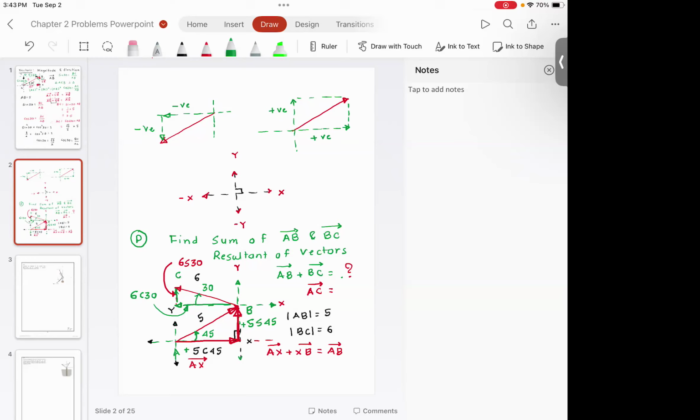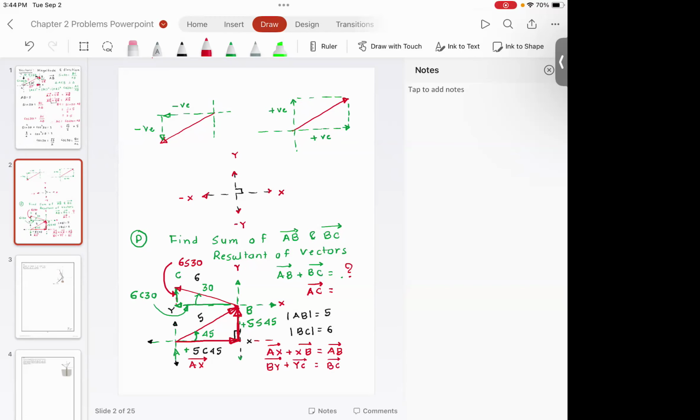You agree with me? However, the vector expression remains the same. The vector expression is going to look like BY plus YC is equal to BC. Are you with me?